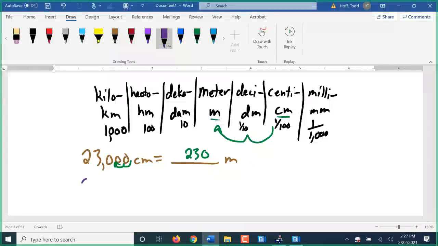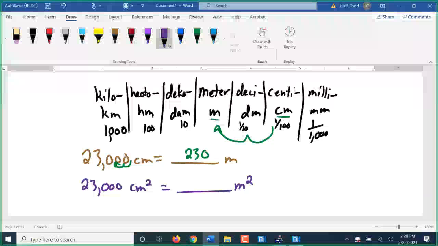What if it is 23,000 centimeters squared and converting into meters squared? Well, now moving a spot on the chart is no longer going to be multiplying or dividing by 10. Moving one spot on the chart is going to be multiplying or dividing by 10 squared, or 100.